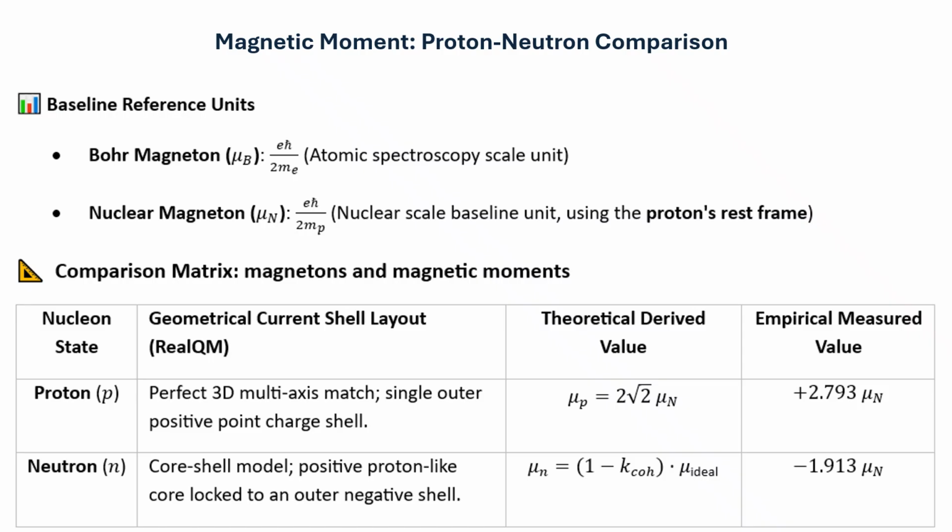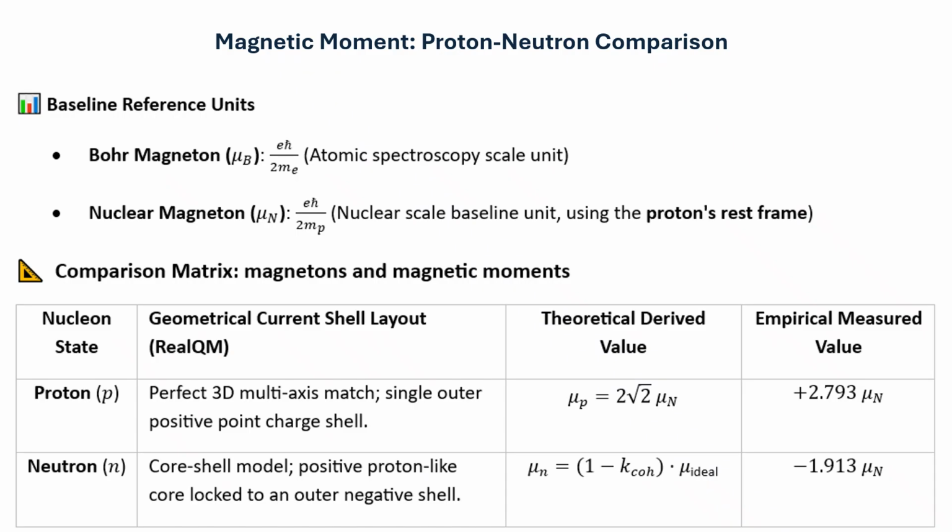Nucleon states: we basically have 2 nucleons, the proton and the neutron. In our RealQM model, this 3D model, the proton is a perfect 3-dimensional multi-axis match.